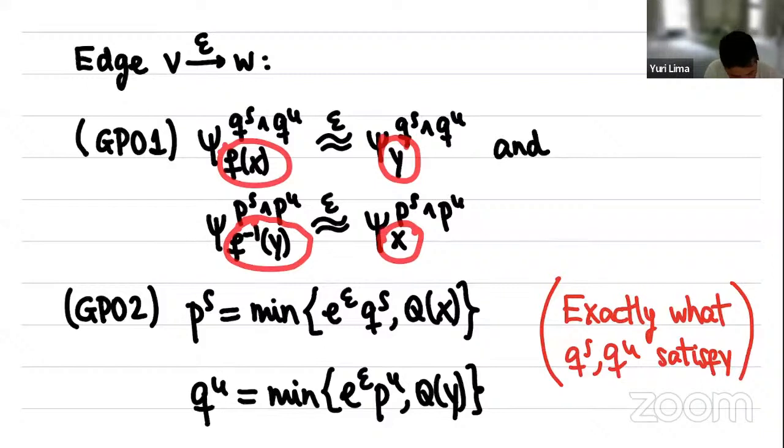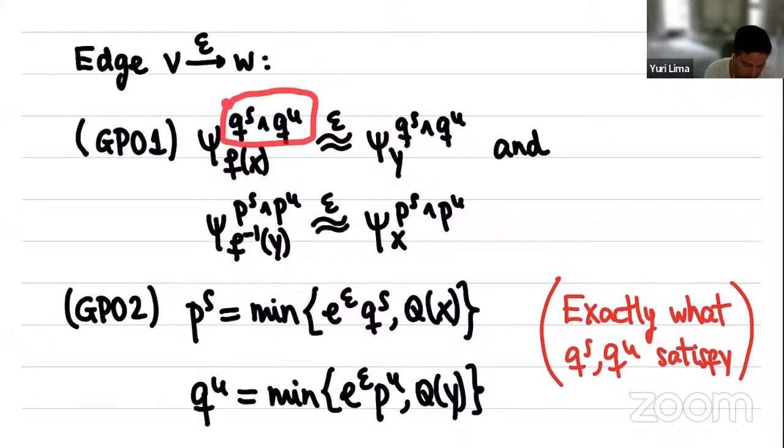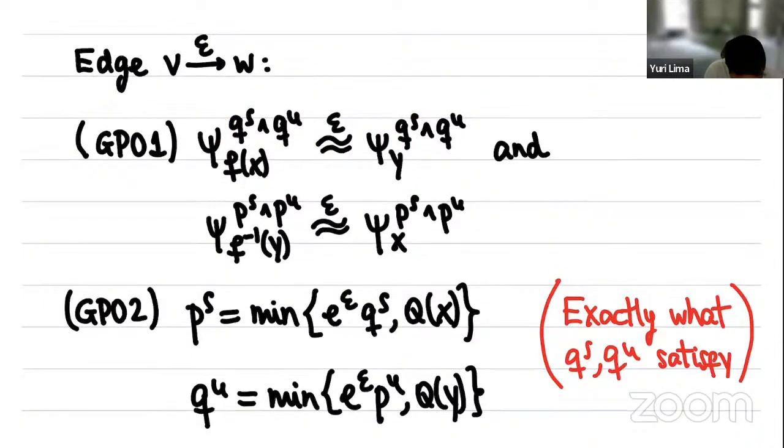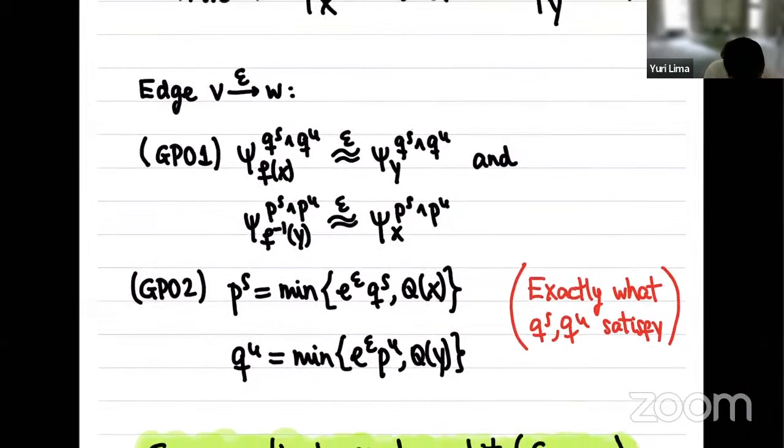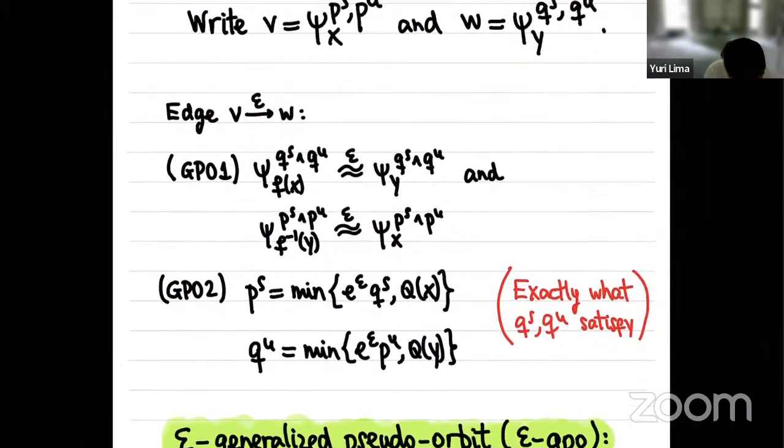The scales that we require are the minimum between these two parameters. So these two passing charts have to be epsilon overlapping with this very small scale, which is the minimum between QS and QU. Let me diminish this a little bit so that you see the notation here.